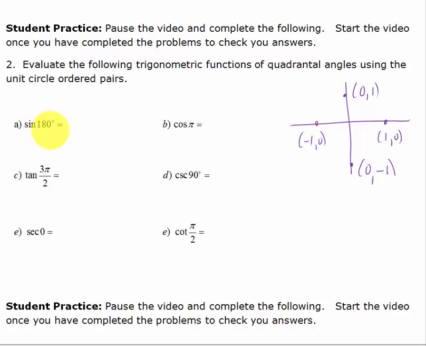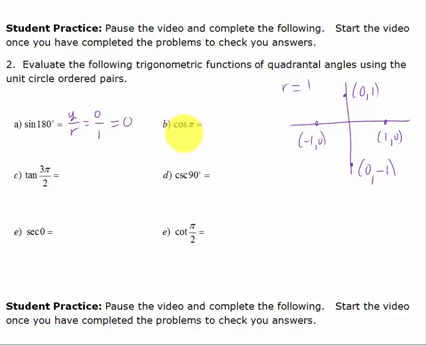Sine of 180 degrees, I know that sine is y over r. I'm using a radius of 1. So I'm at 180 degrees right here. And so y over r is going to be 0 over 1, or just 0.